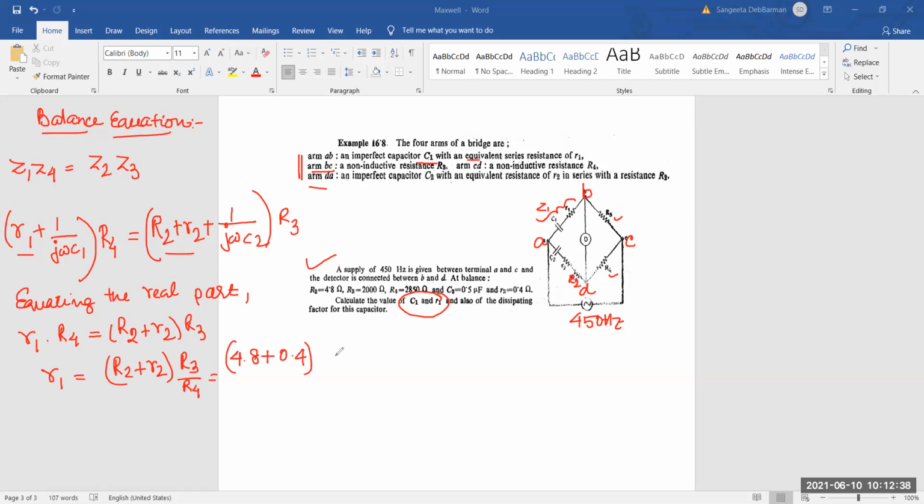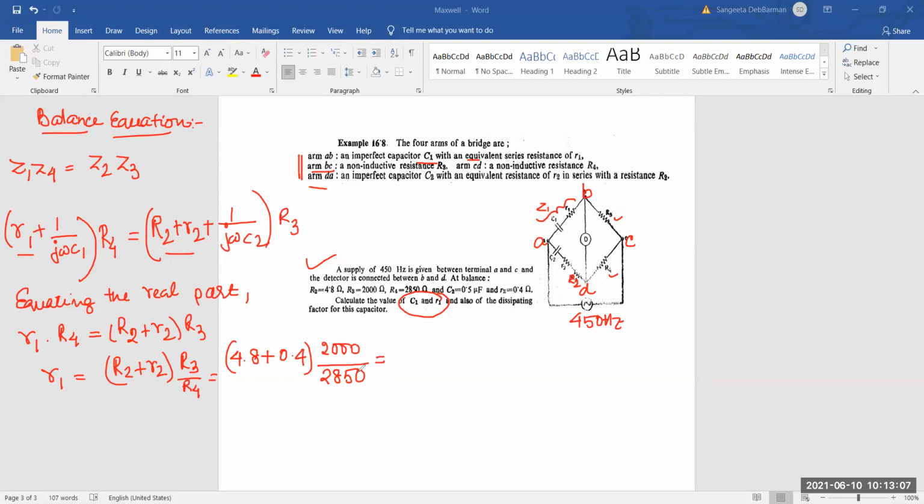So R2 plus small r2, and R3 is 2000. And R4 is 2850. Now you tell me the answer of r1. Something ohm will come, definitely. So tell me the answer.